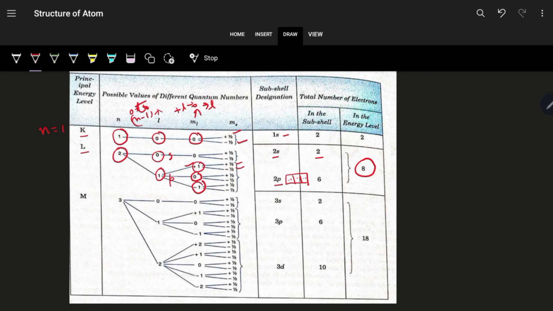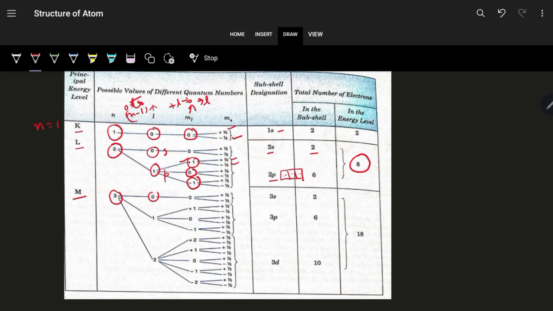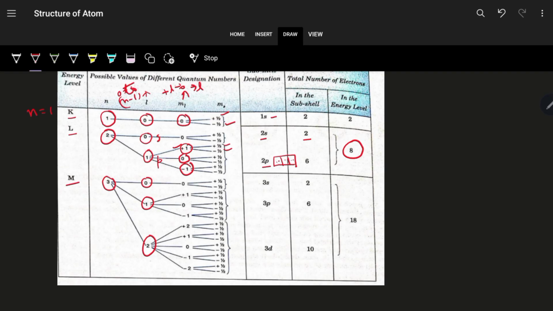Now the third one, n equal to 3, the third shell, that is the M shell. It can have l values 0, 1 and 2. And ml for 0 is only 0. So this is s, this is p and this is d.